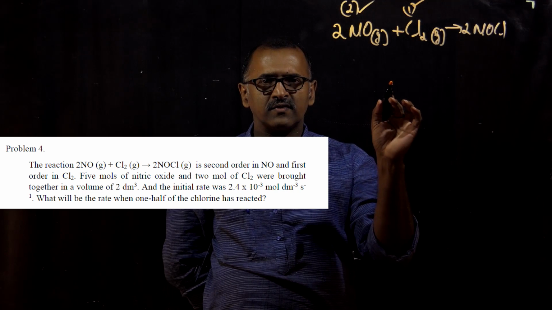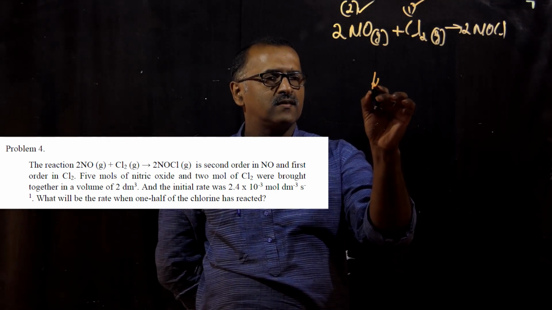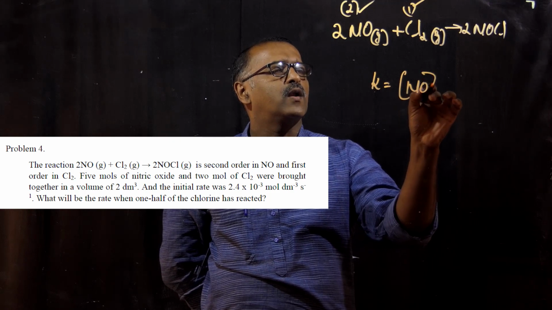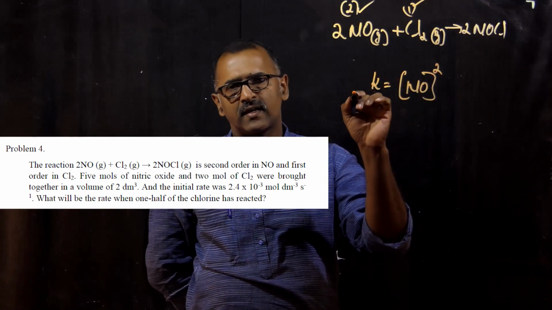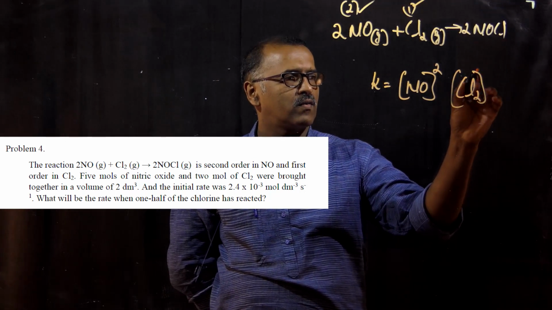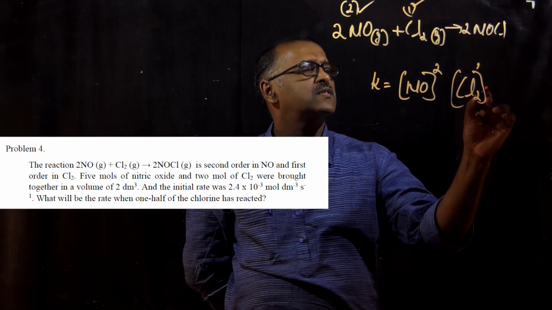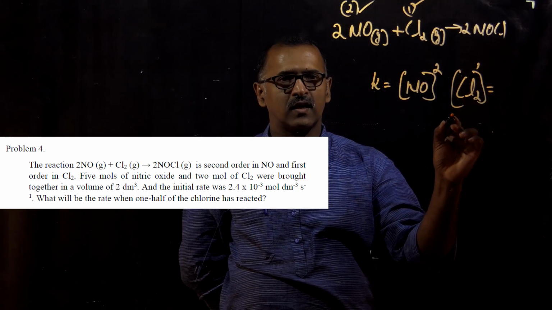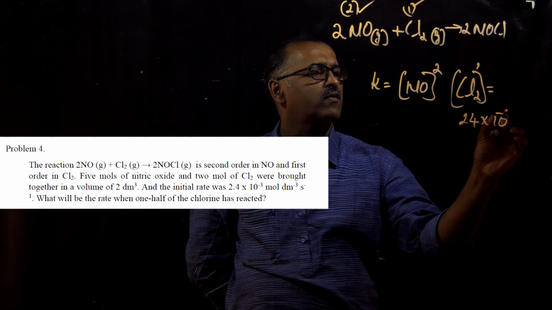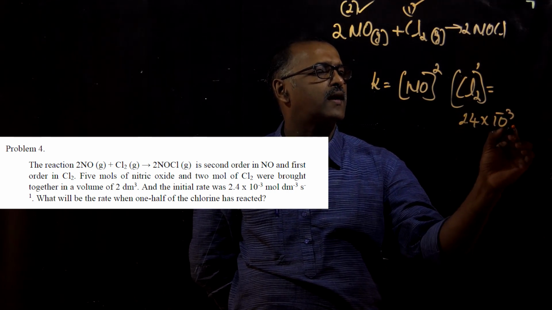If you take the second order rate constant as K, we know the concentration of NO to the power of 2, as it is second order, and Cl2 to the power of 1. So in the first one, it comes to be 2.4 into 10 to the power of minus 3. The units we will take care of later.